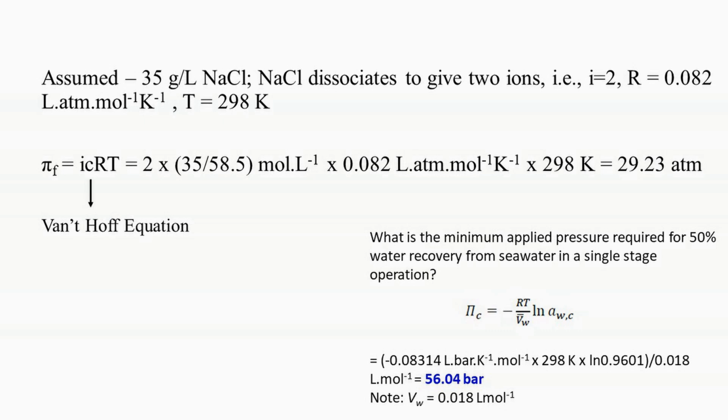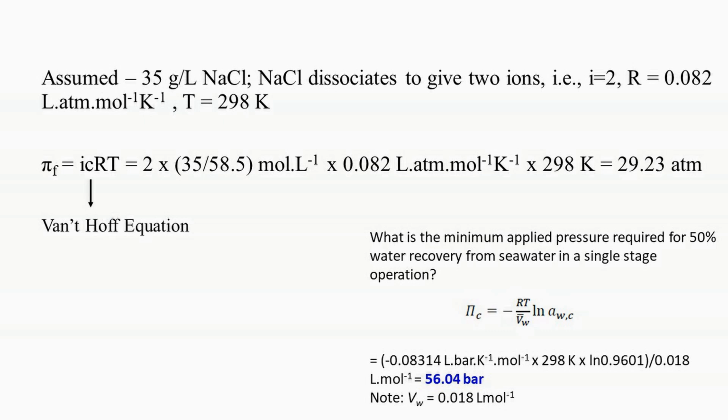And what is N by V? It is number of moles per unit volume, which is concentration. Right? So PV is equal to nRT became almost identical with pi is equal to CRT. Is everybody clear? Yes, sir.